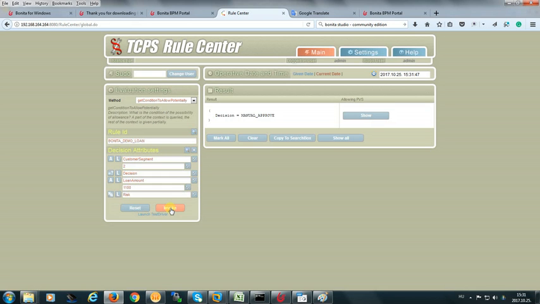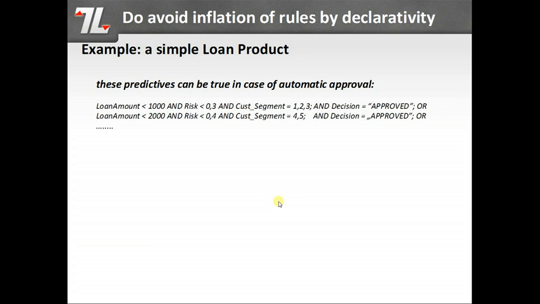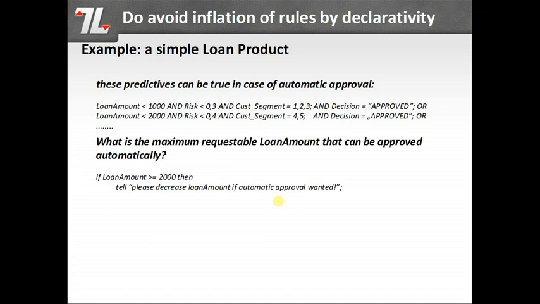Let's go back to the presentation to explain a little bit more. Okay, these are the already well-known declarative predicatives, and let's assume the business case. The business case is what is the maximum requestable loan amount that can be approved automatically.